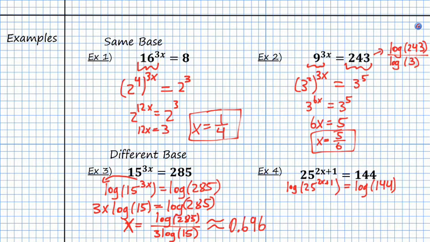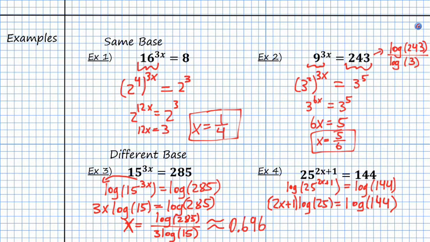All right, so now we can use our power rule. So we've got 2x plus 1 multiplied by the log of 25 is equal to log of 144. So it looks like this is going to be a little bit more complicated here.